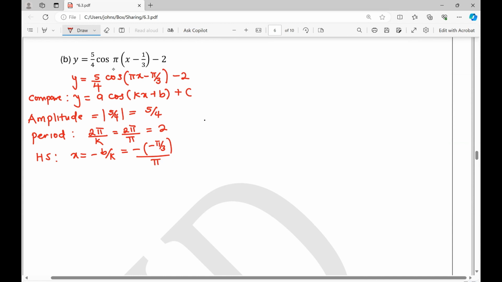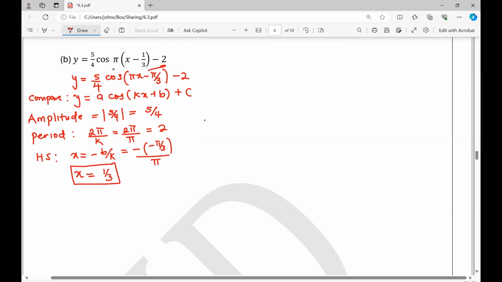So you will have pi over 3 divided by pi, which will just be 1 over 3. That is the horizontal shift, okay? And remember, another way to get the horizontal shift is just set this one to be 0 and solve for x.